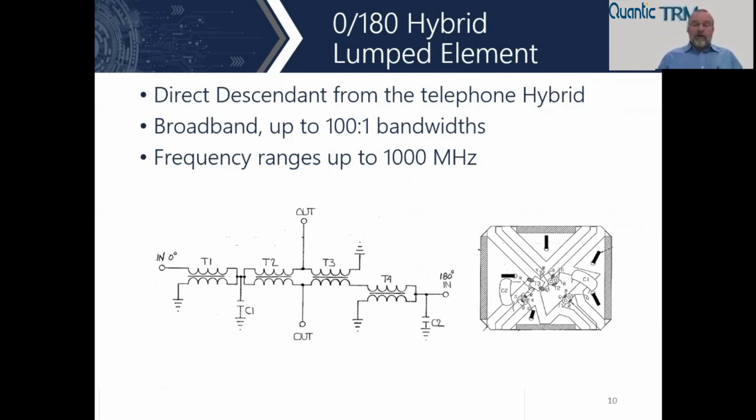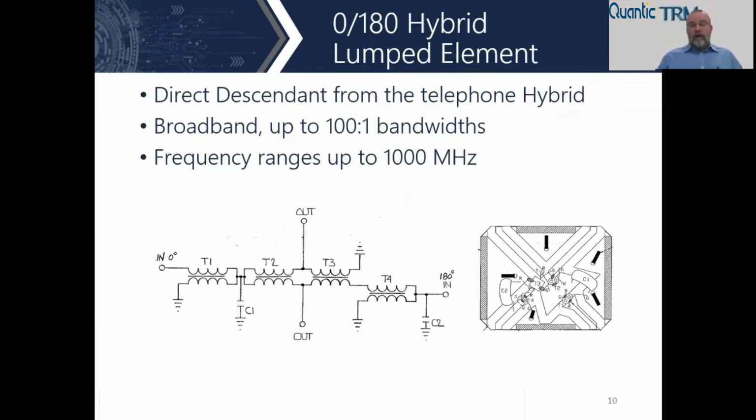And this network over here builds up what we call the lumped element 0-180 hybrids. The schematic, as well as the assembly drawing, does show one of TRM's very low power 0-180 hybrids. These are direct descendants from the telephone hybrid.